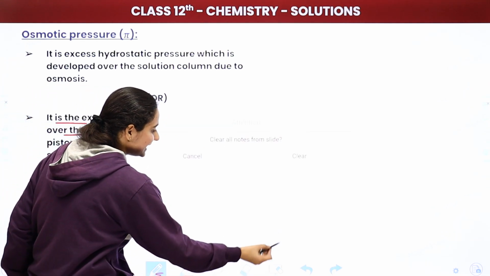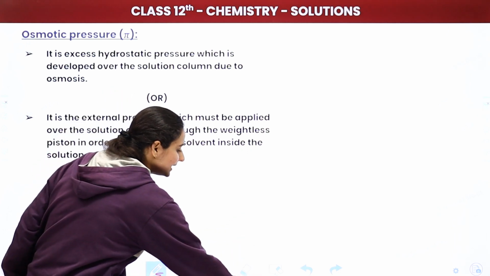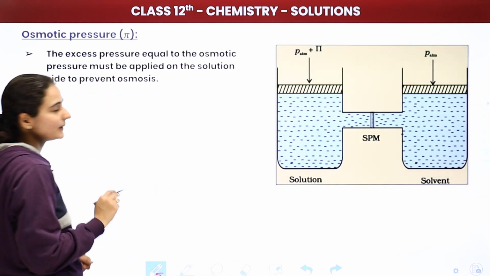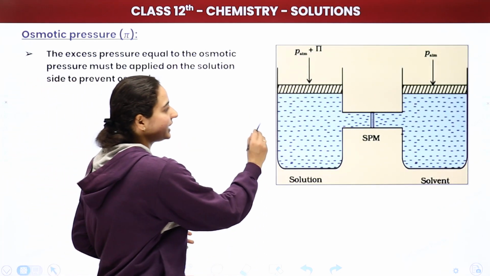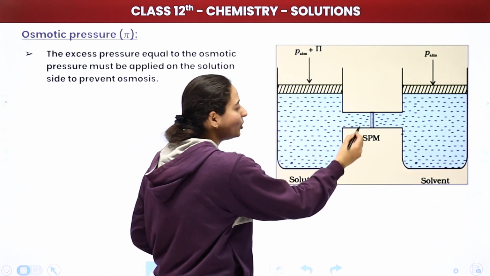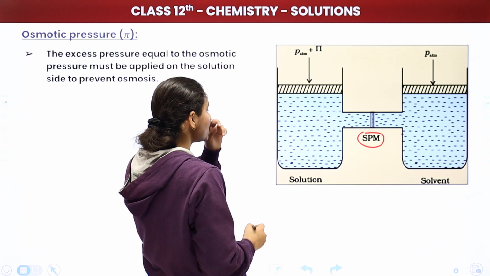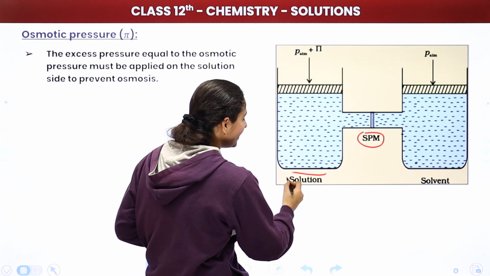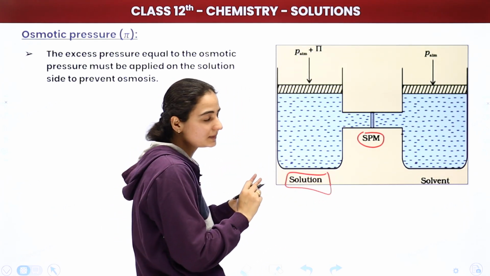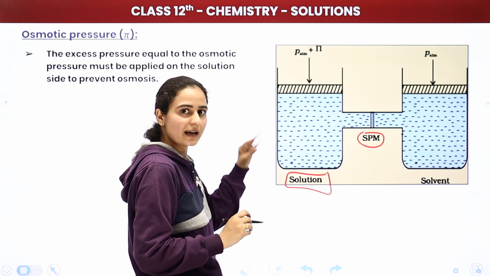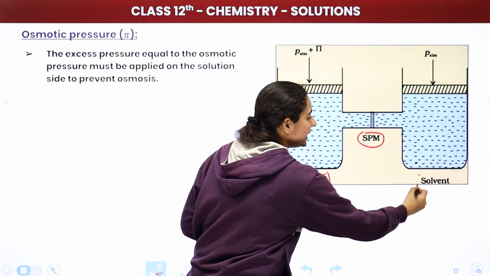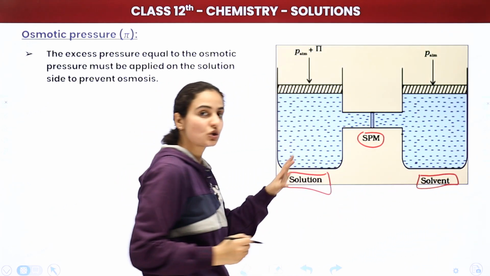Let's see an experiment to understand osmotic pressure better. So here we have taken two containers और दोनों ही हमारे SPM के through connected हैं, right? So here we can see that on one side we have taken solution जिसमें solute is there and solvent is there. On the other side we have taken solvent.